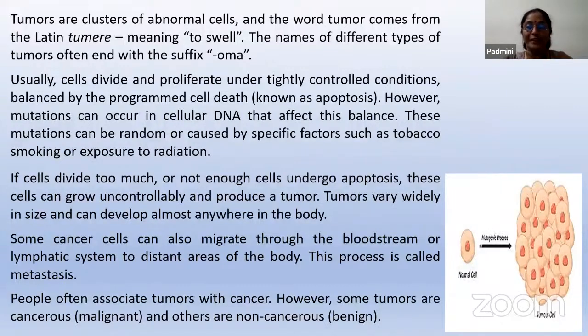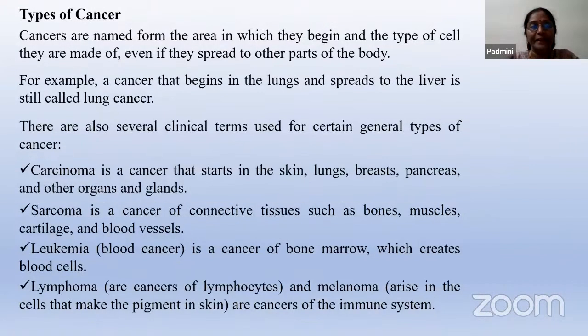Benign tumor is non-cancerous, whereas malignant tumor is cancerous. Whenever a doctor says that a person is suffering from a tumor, make sure whether it is a benign or a malignant tumor.